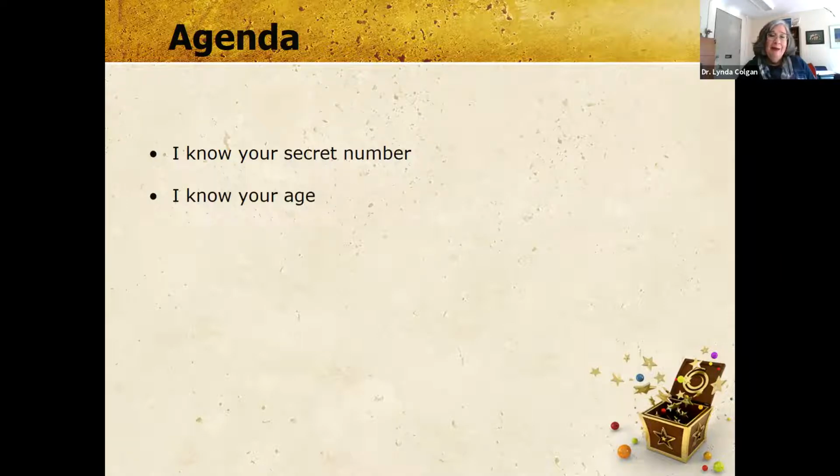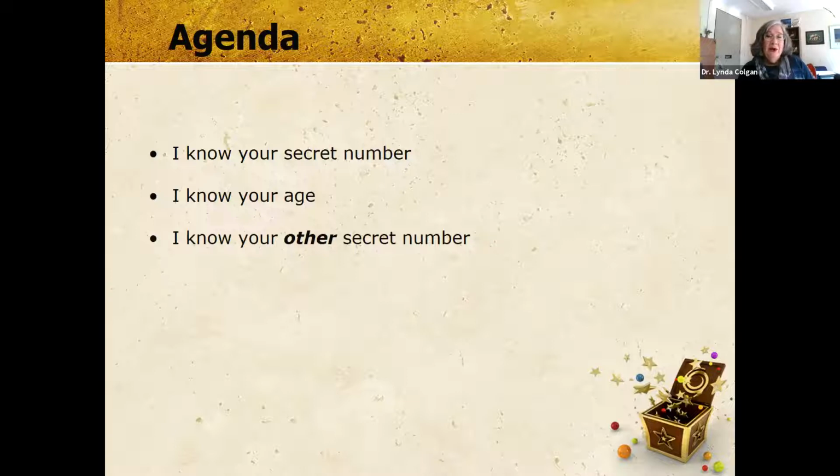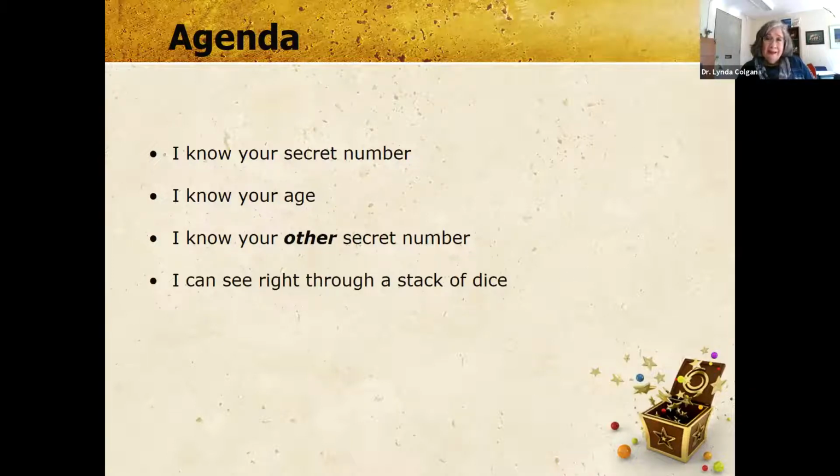I am going to be able to predict the age of every single person in today's audience. I am also going to be able to pick your number from a set of cards. And at the very end of today's activities, I'm going to prove to you that I can see right through a stack of dice all the way here from Kingston, Ontario.